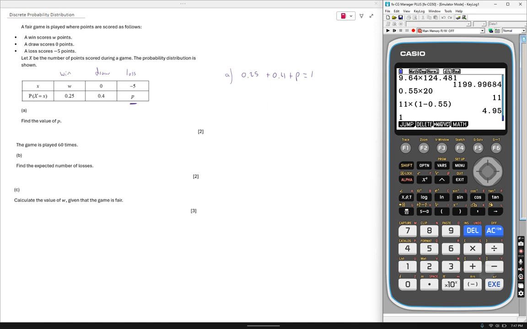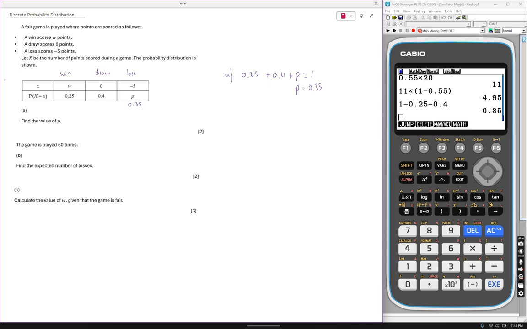I'm going to do 1 minus 0.25 minus 0.4. I'm just solving to get P by itself, so P equals 0.35. So now down here, instead of P, I can put 0.35. That is for A.